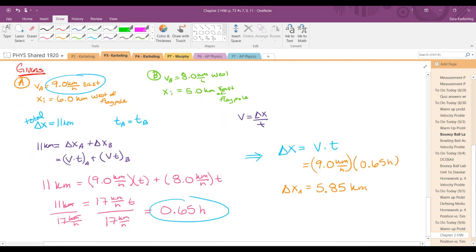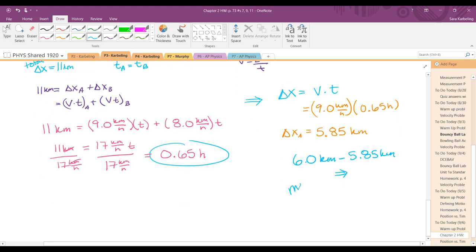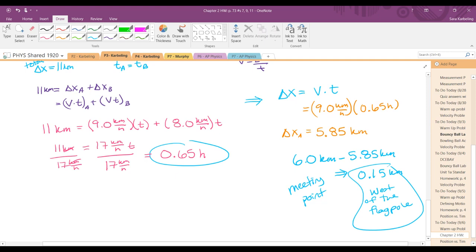Where do you get that from? 6.0 kilometers minus the 5.85 kilometers. Without a calculator, we can do that. Their meeting point is 0.15 kilometers west of the flagpole.